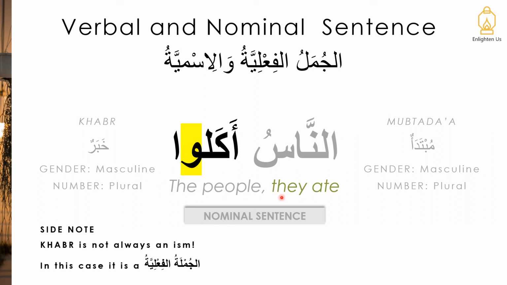So together it forms they ate. We've got our fi'l, we've got our fa'il, so our fi'l is the act of eating, our fa'il is they, the pronoun, so we say it's complete, it's a jumla fi'liya, and that is serving as our khabar. But we'll go into more detail when we look at more complex sentences.